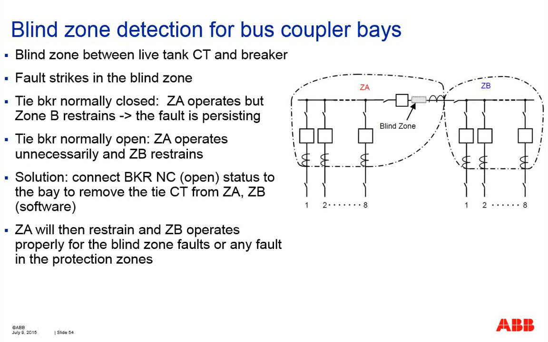So again, when the relay sees this breaker is open, it automatically takes this CT out of zone A. For the fault here, zone A is not going to operate because there's no CT here. But zone B, because the CT is removed, will operate for this fault and clear the fault completely without disturbing anything in zone A. So this is a very smart feature.